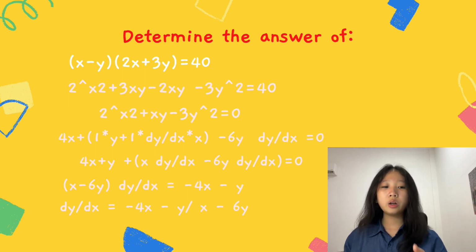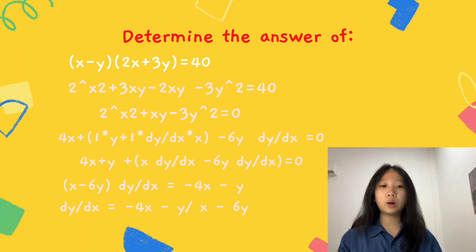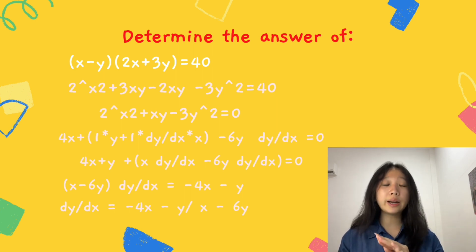So u' is 1 times v, which is y, plus the derivative of v, which is 1, but since it is y, we add dy per dx, times u, which is x.